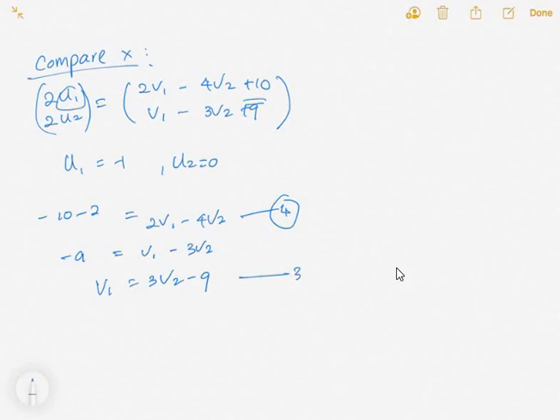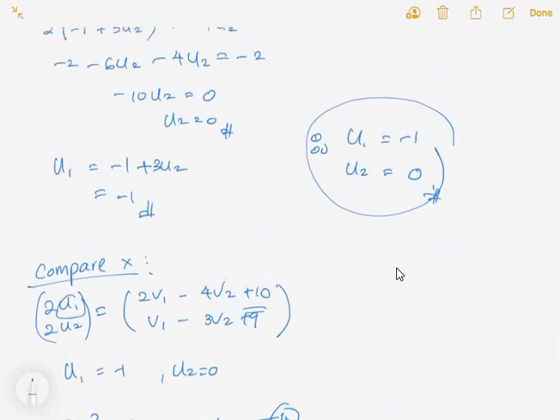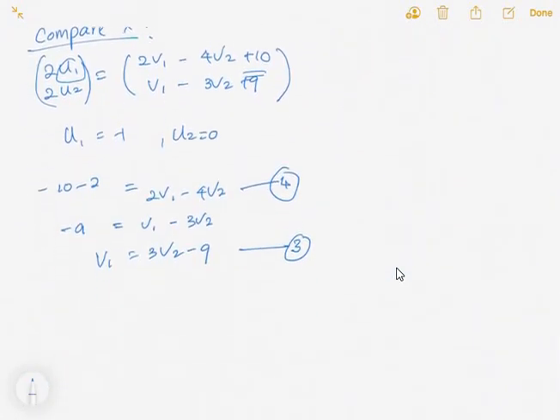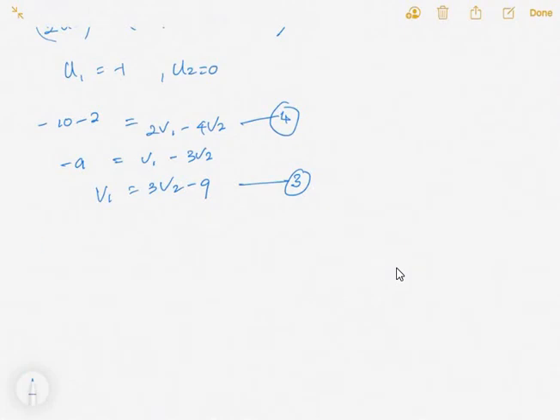So this is equation number 3. Just now is 5, oh okay, so 4, okay, 3. So insert equation 3 into equation 4. You obtain negative 12 equal to 2 times (3v2 minus 9) minus 4v2.